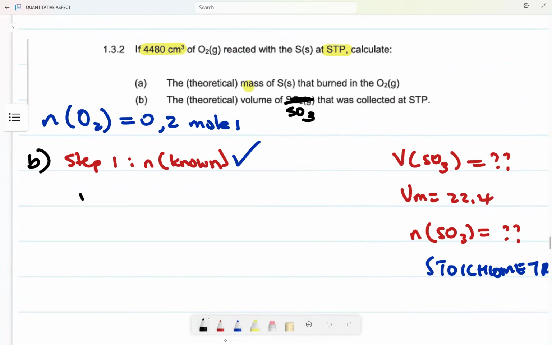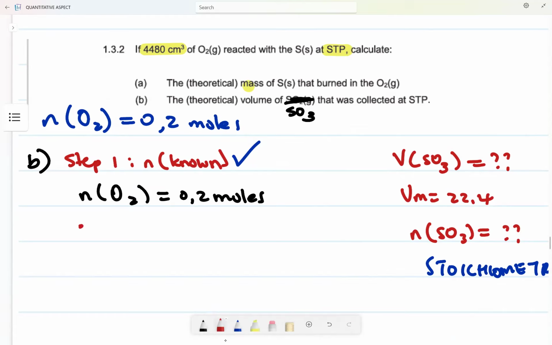The number of moles of the known, O2, I have already calculated, which is 0.2 moles. No need to recalculate if you have already calculated it.